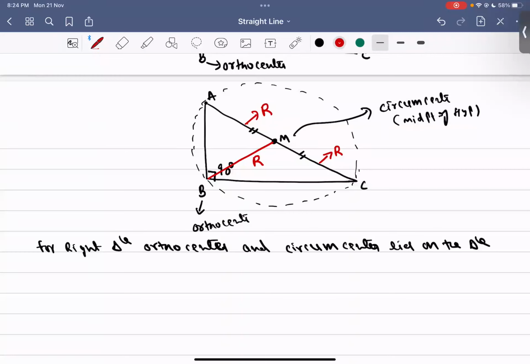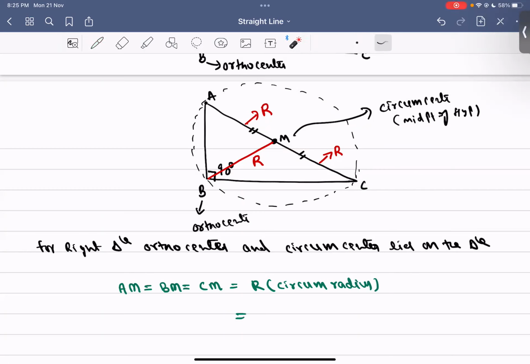So from this diagram, we will write this: AM is equal to BM is equal to CM is equal to R. What is this R? Circumradius. And this R is equal to what?